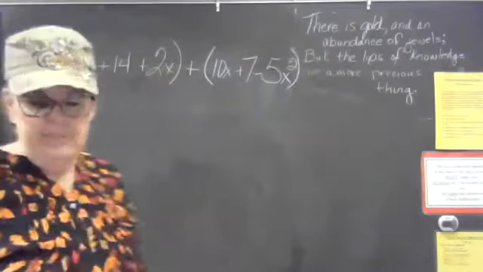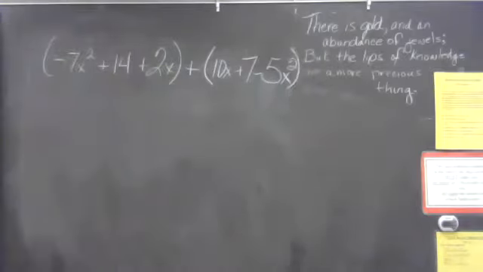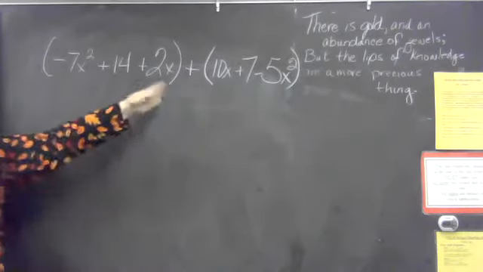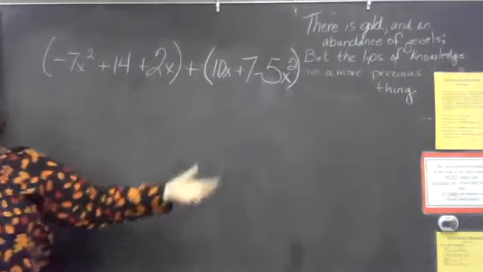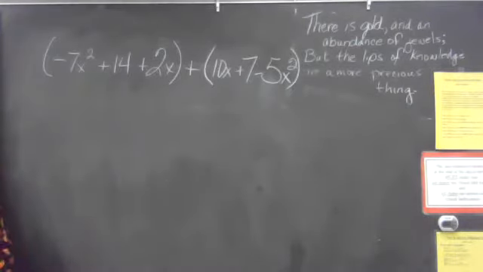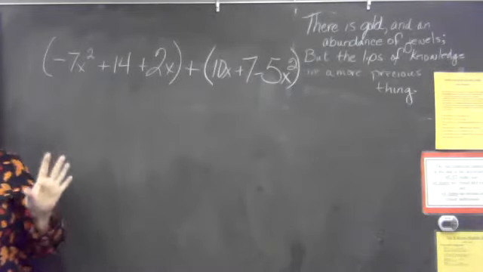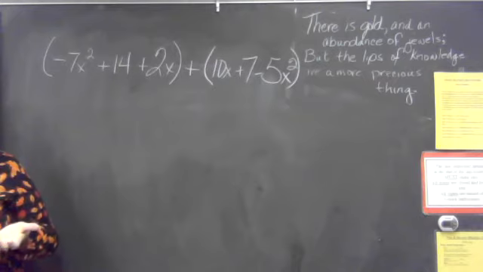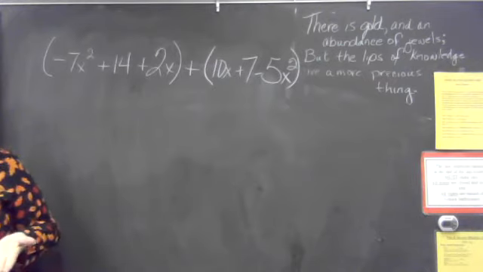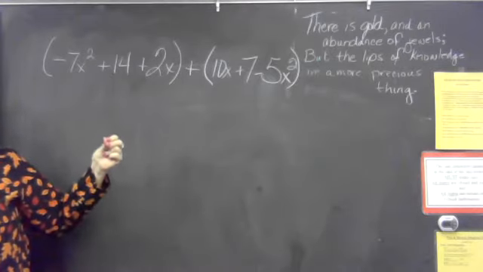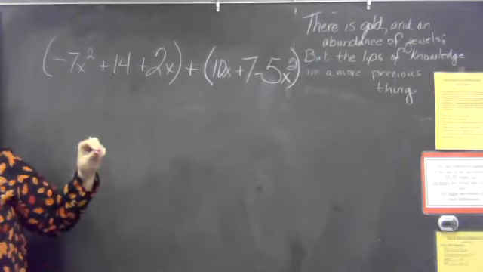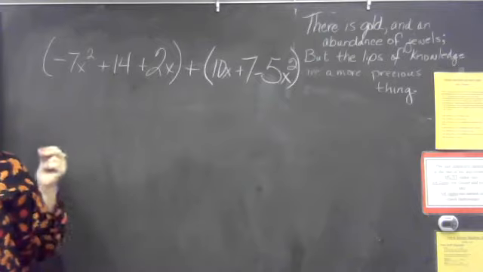Okay, so what I want y'all to get used to doing now, whenever you see that you have one polynomial added to another polynomial, no matter how long or short, I want you to take the time to write it again without the parentheses. Now, this isn't going to matter so much with the adds, like I just said, but it's a good practice to get into because when you get to the subtract, it makes a major difference.